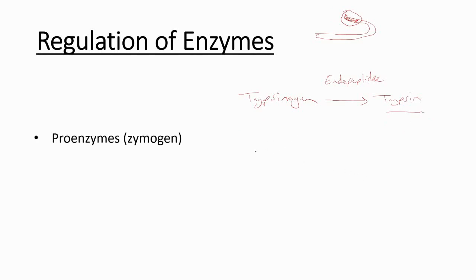Another example is where chymotrypsinogen, another protease, is converted into an active form called chymotrypsin. And interestingly, trypsin catalyzes this cleavage of a short sequence of the polypeptide to form this active enzyme.